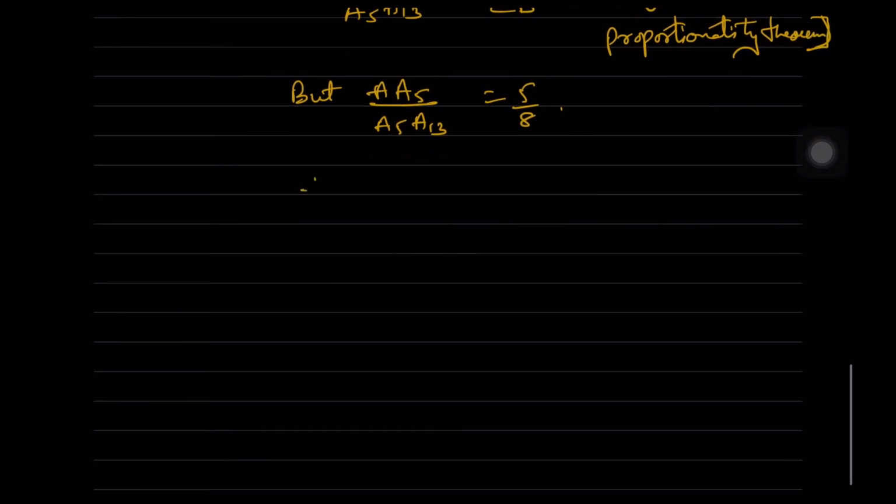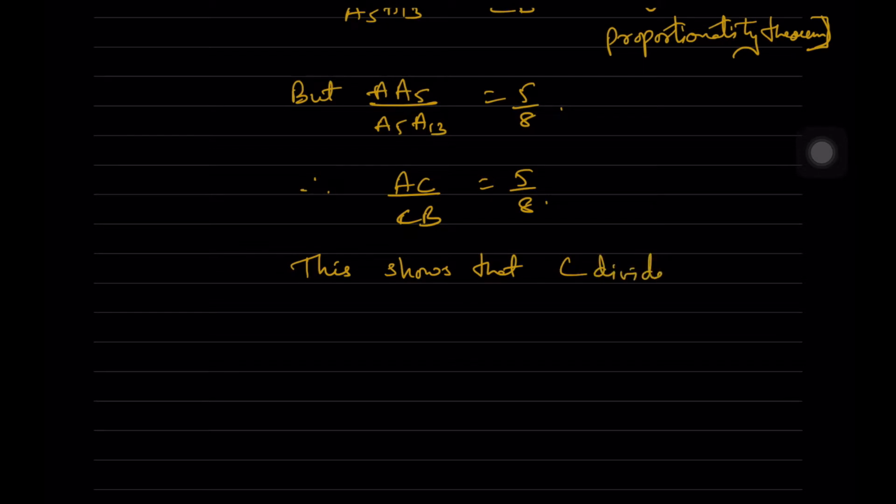Therefore AC by CB is equal to 5 by 8. This shows that C divides AB in the ratio 5 is to 8. So now going into the second problem.